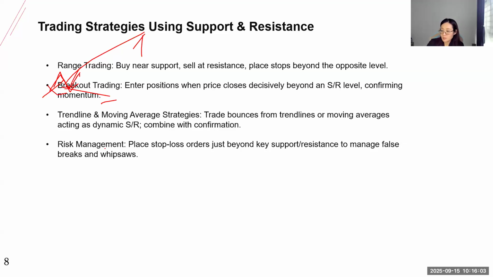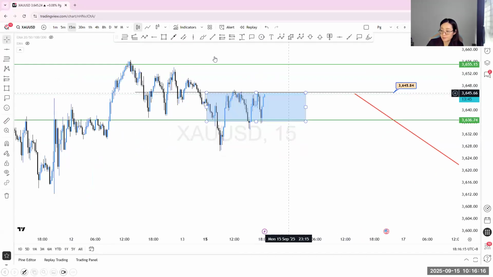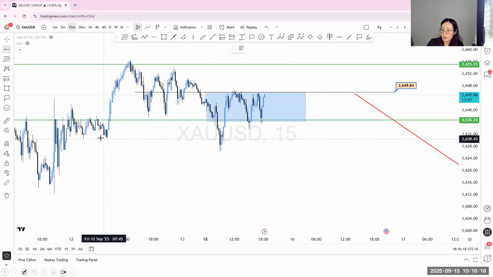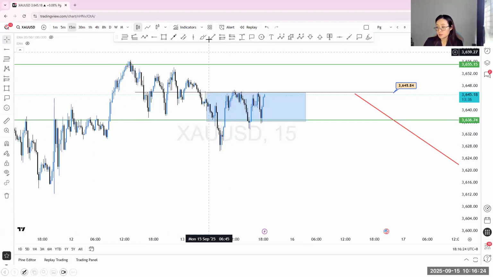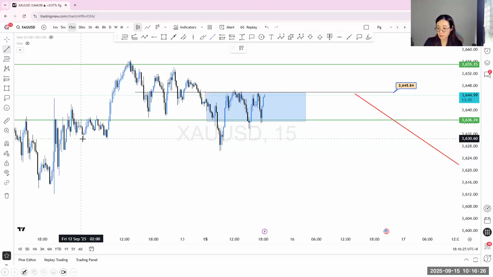Risk management. Place the stop loss order just beyond key support or resistance to manage a breakout. But this is not so easy, because why? A lot of traders may get stopped out. Let's say this is my swing low. Practice, you need to practice.